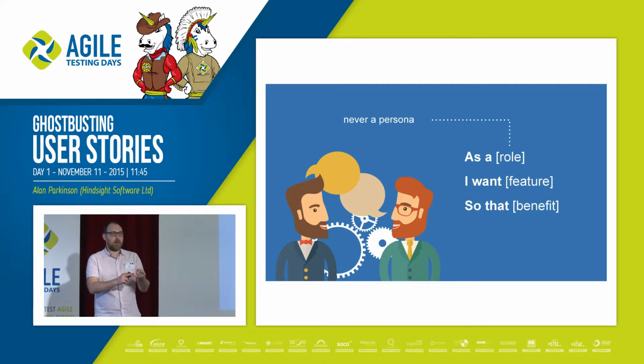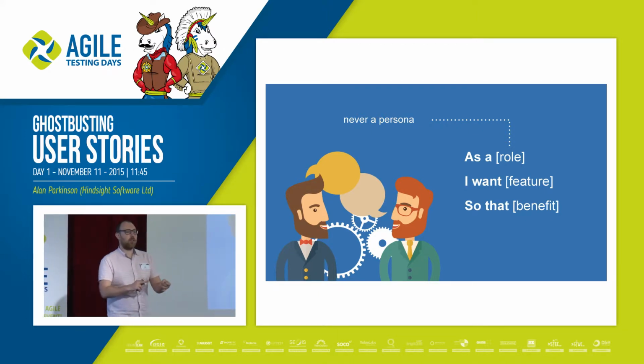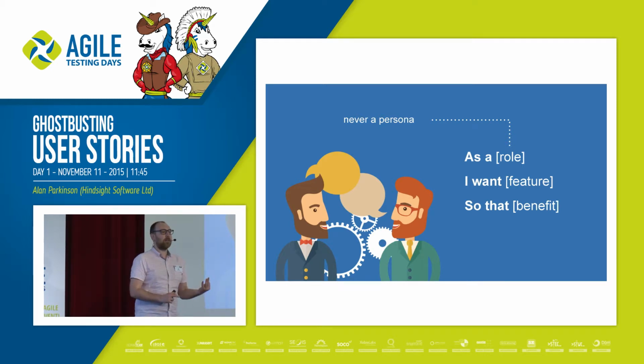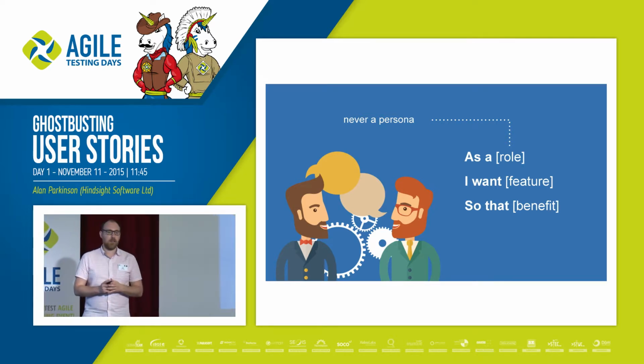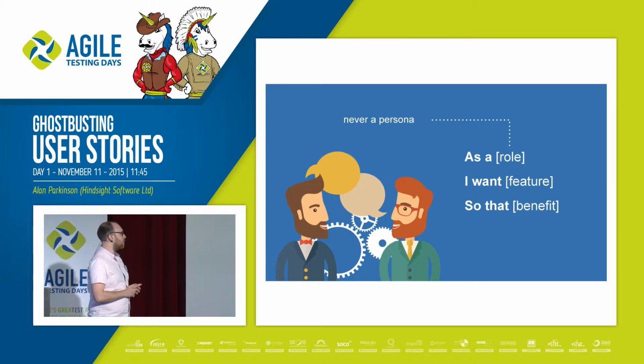You've probably amalgamated the product manager, the dev lead, marketing, and HR all into one persona. You have no understanding from that Frankenstein persona of what job they're trying to do. So you should never use a persona in a role. That's my golden rule in my team. Never use a persona in a role.